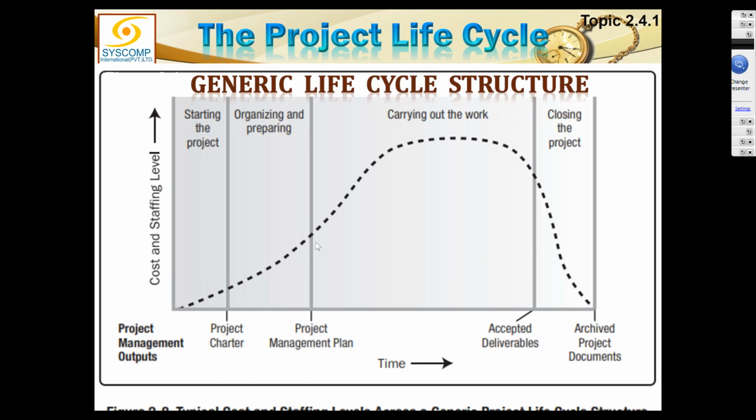But as we enter into the actual work of the project, we start mobilizing huge resources. We start spending more money, and there is a time when we are at the peak of our expenses, and we stay there because this is the heat of the battle.